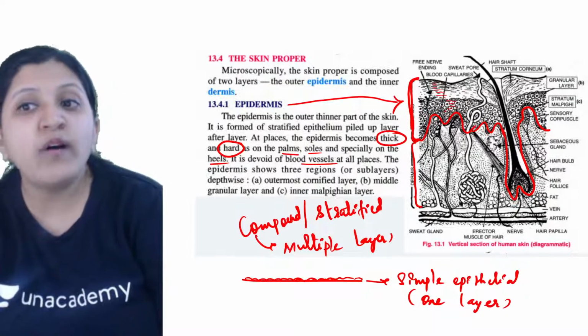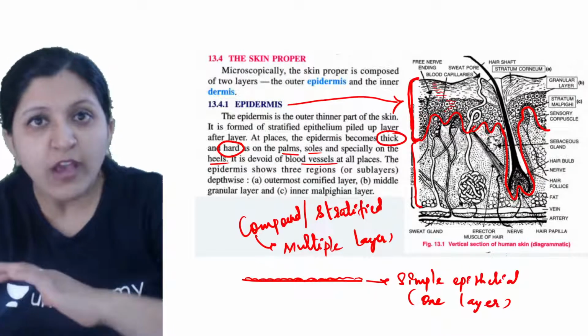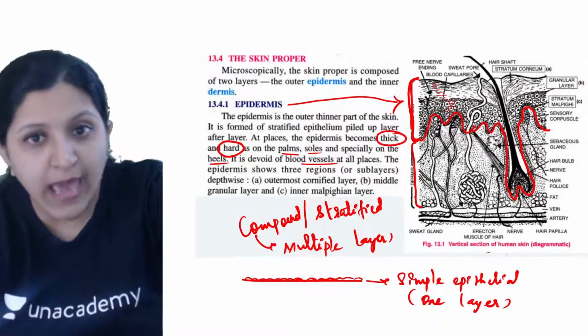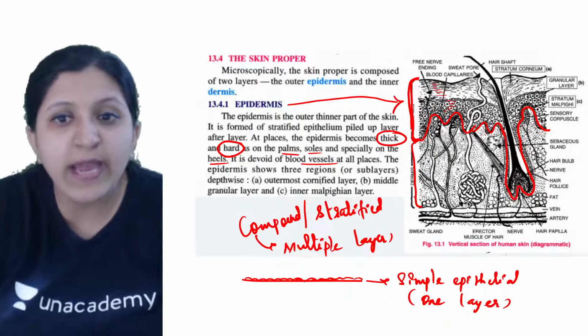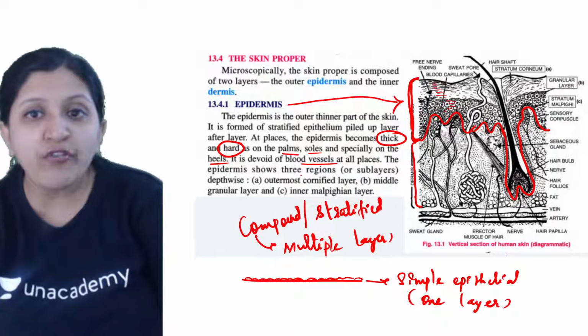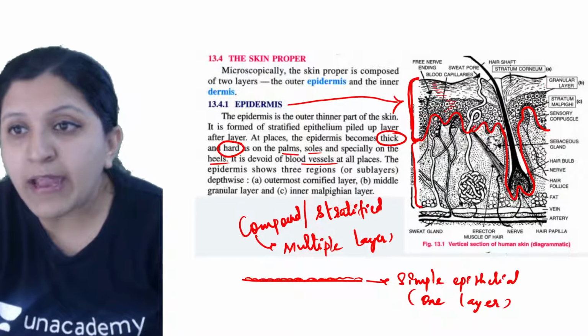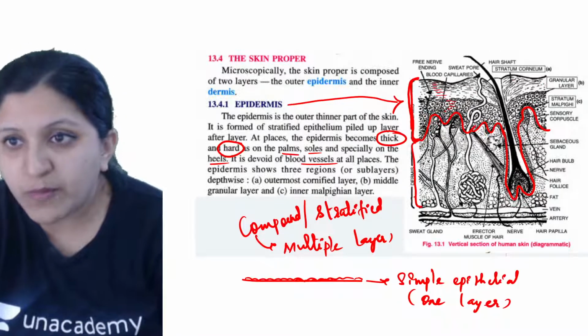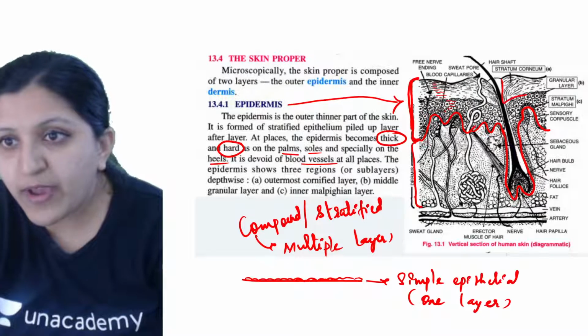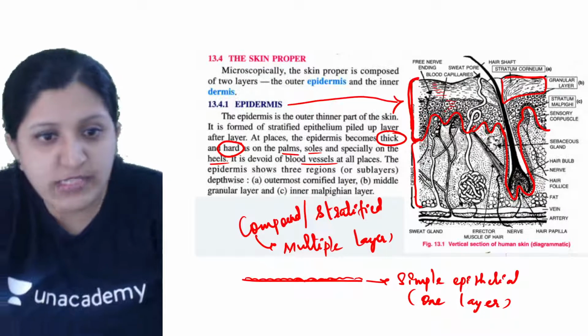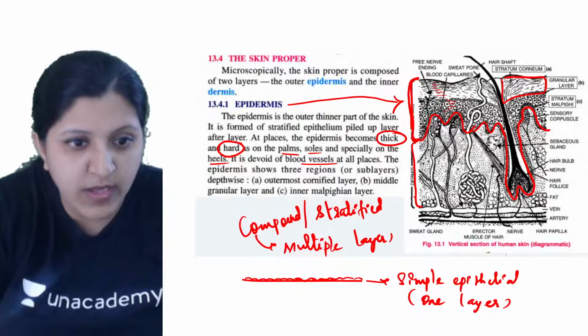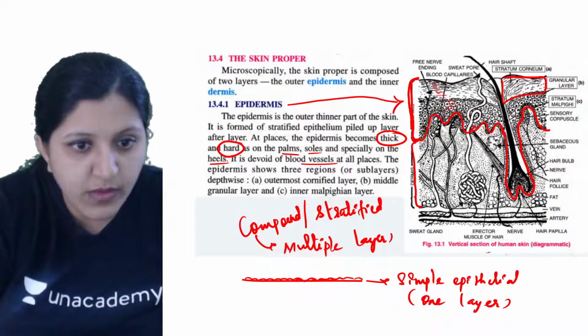You do not see blood vessels there, okay. The epidermis part is not having blood vessels, so that is why it is devoid of blood vessels at all the places, be it the granular layer. This one is stratum corneum, okay. So this part what you find here, this whole layer, I'll just change the color so that you can clearly see this one, okay.